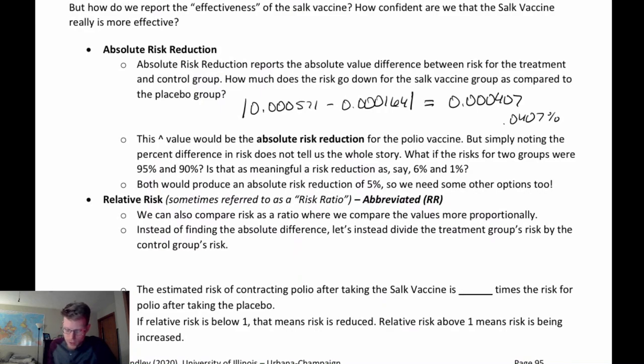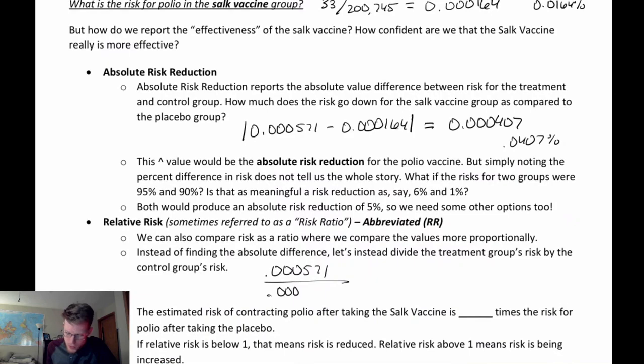So we're going to simply take the risk for the placebo group. So it's going to be 0.000571 divided by 0.000164. And at this point, the decimal places don't really matter as much since I'm dividing.